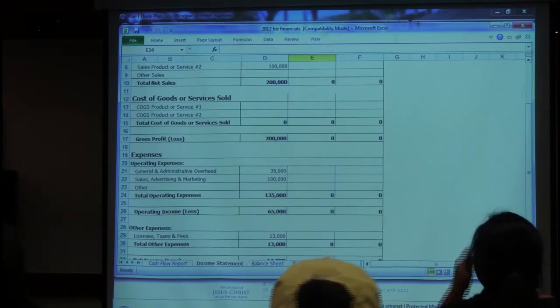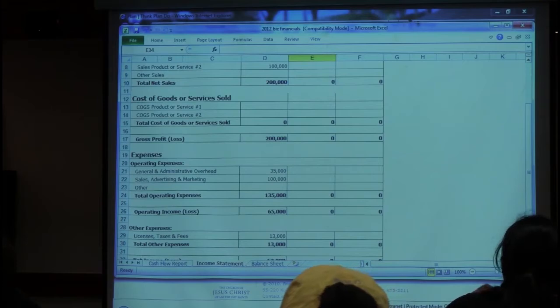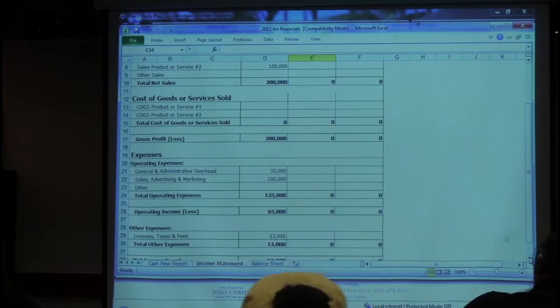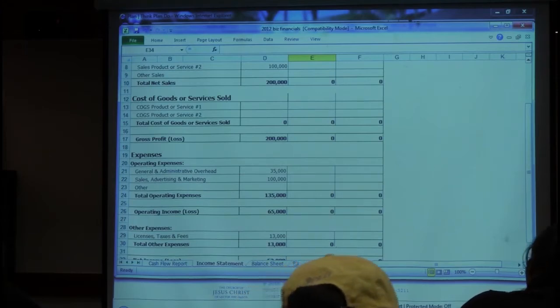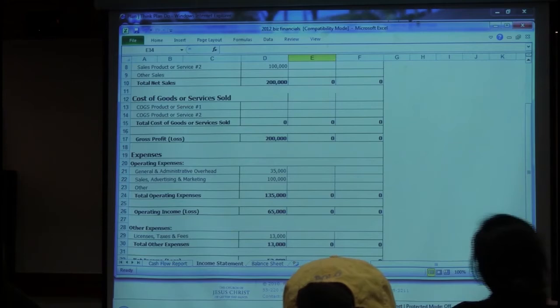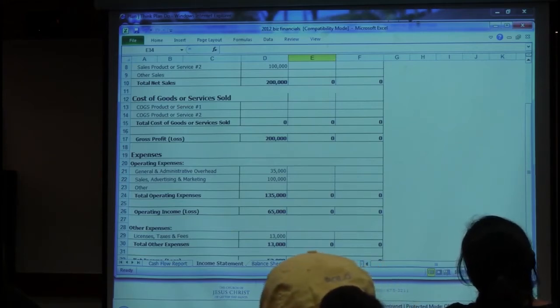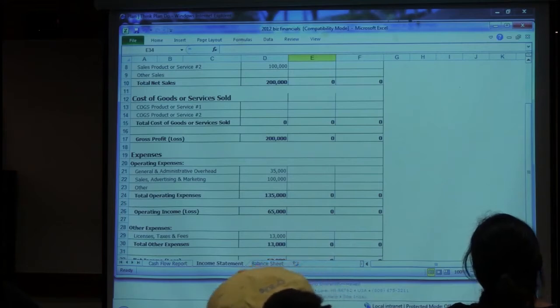When you get to the income statement, you do have a few items that we didn't have before. You're going to be having some non-cash expenses like depreciation. Trust me.